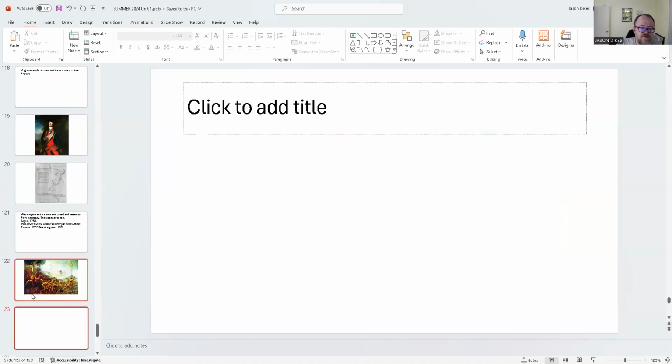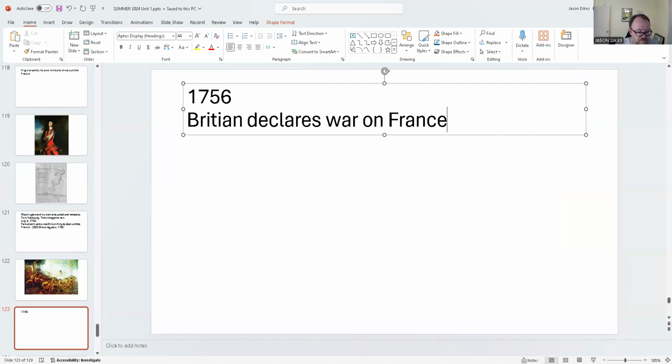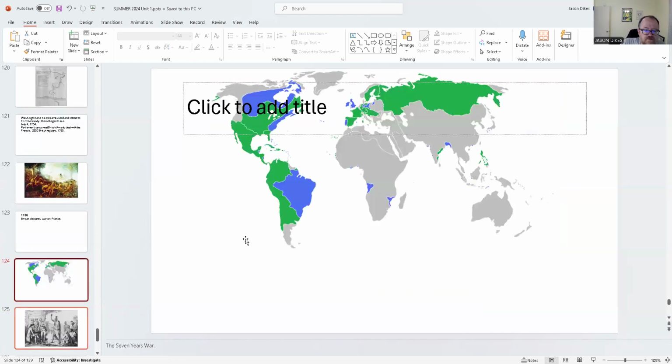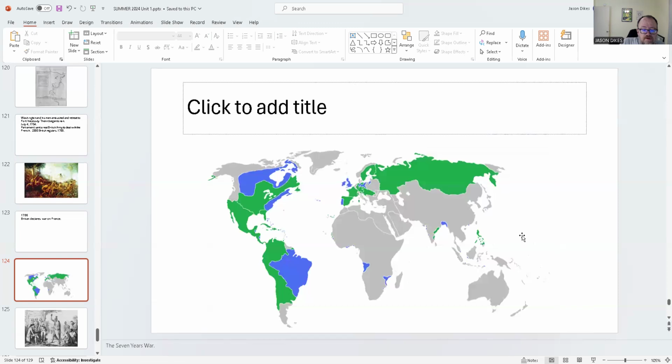But as a result of this, in 1756, Britain declares war on France. And this war, again, will come to engulf much of Europe. As you can see here, the English and their allies are in blue.